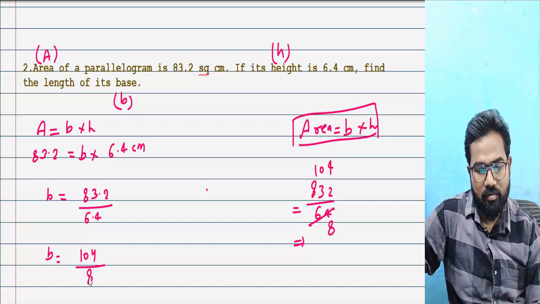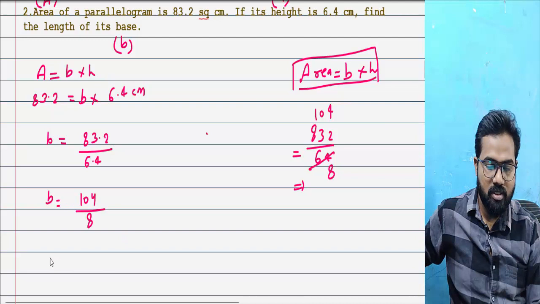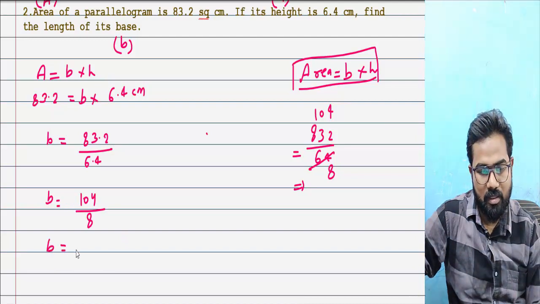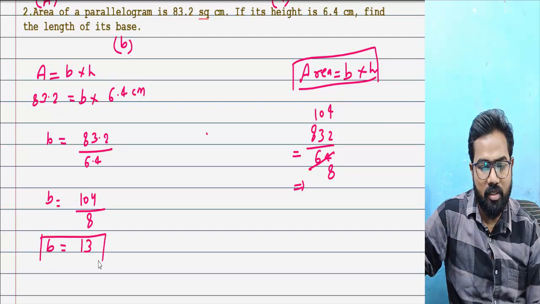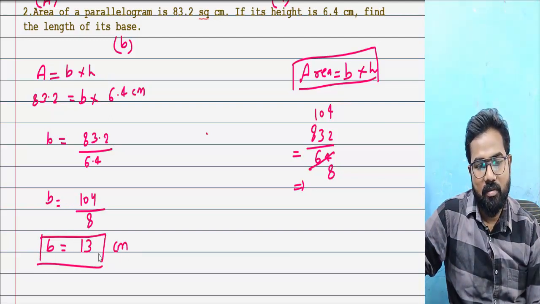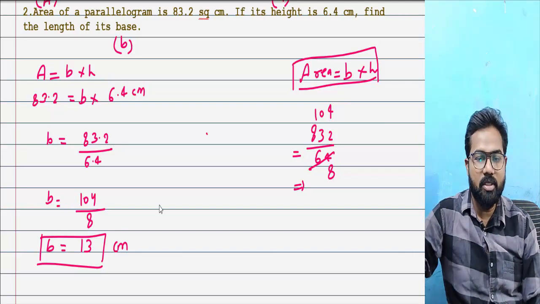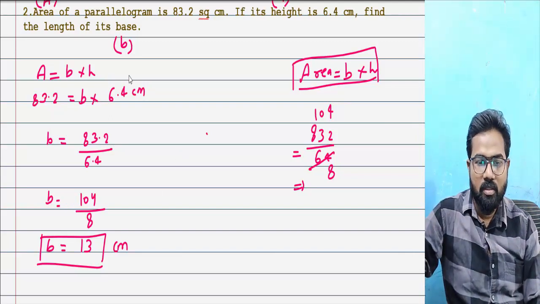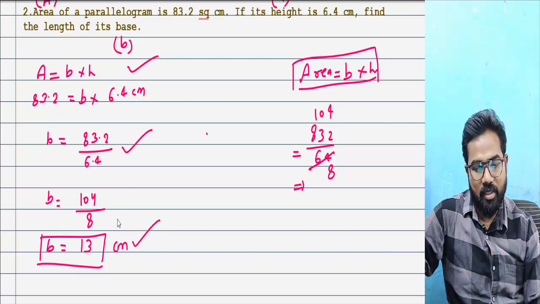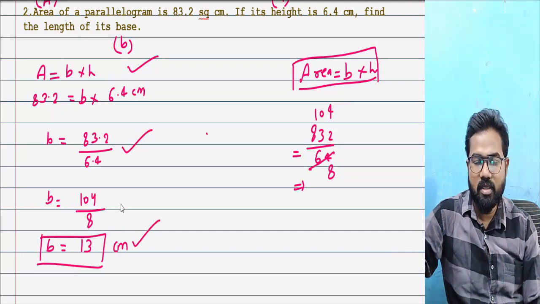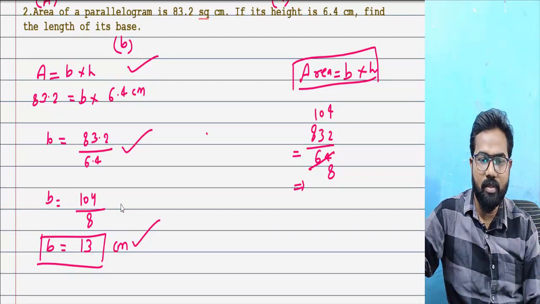So you have 104 divided by 8, and this is the basic calculation, students. You can do it easily, you only need the division part, nothing else, and here you are getting 13 centimeter as the base of the parallelogram. So all the things are given, you have the formula, substitute the values, do the calculation, and you get your answer. That's the area of the parallelogram.